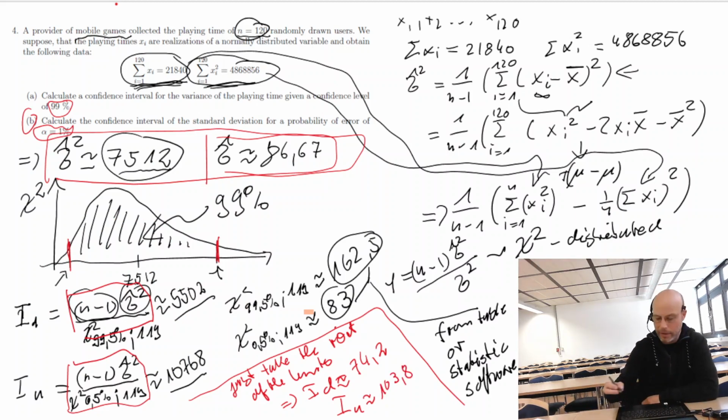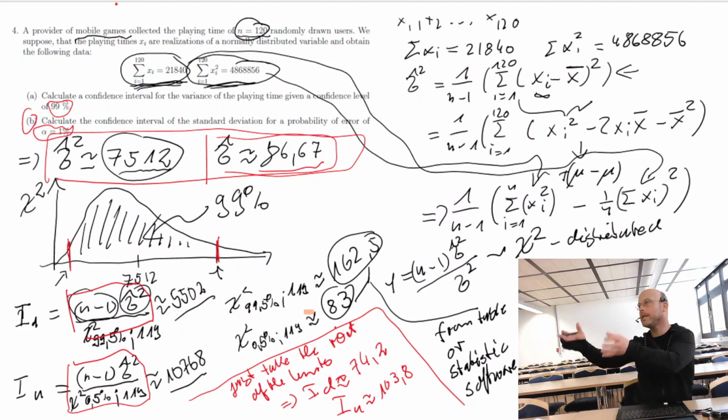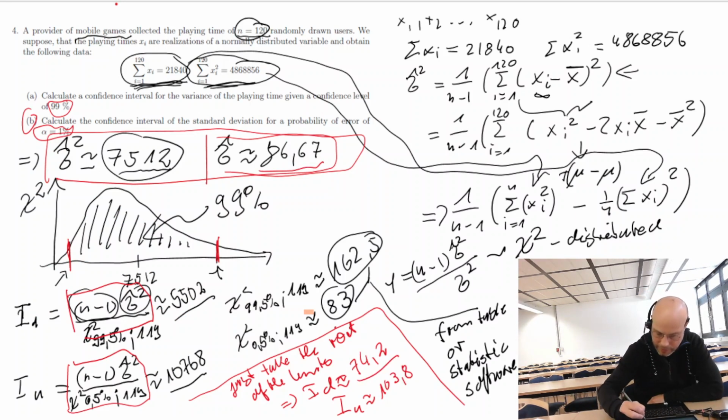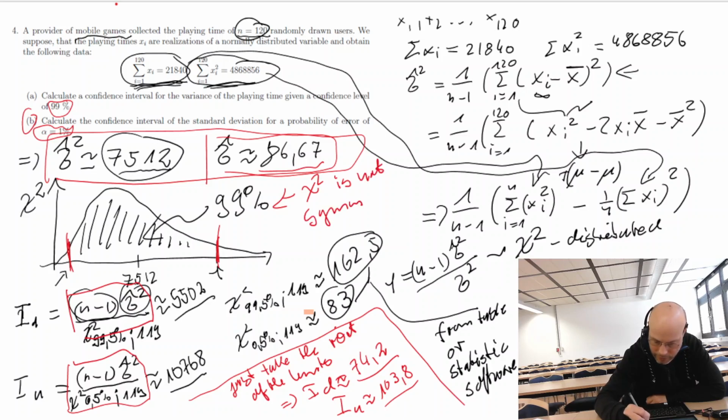And here again, if you put in between these two limits the 86.67, which we have calculated as an estimator for our standard deviation, then we see that this number is quite close, but it is not in the middle of the interval due to the fact that the chi-squared distribution is not symmetrical. So keep in mind, chi-squared is not symmetrical.